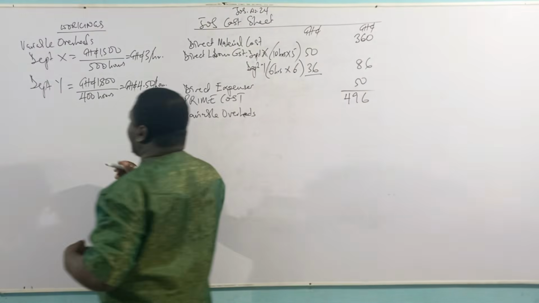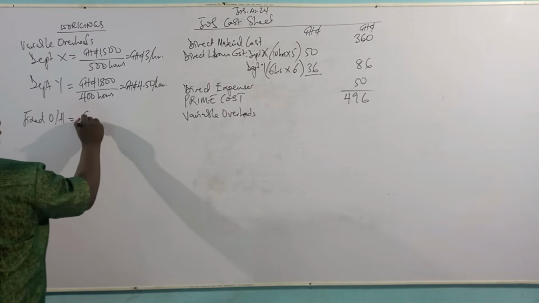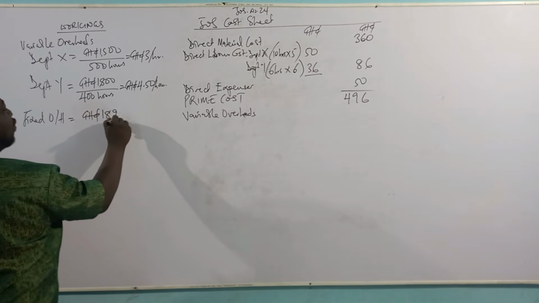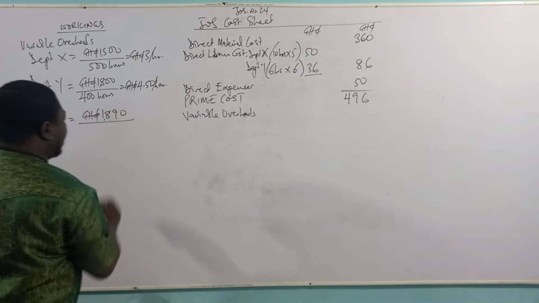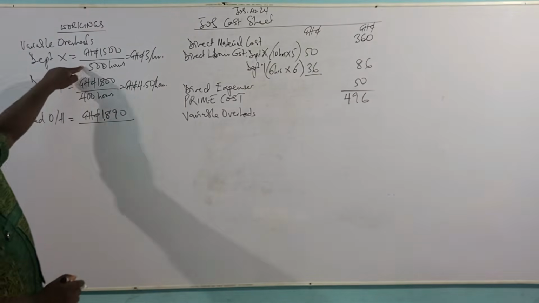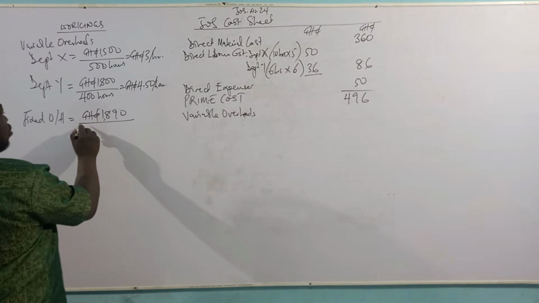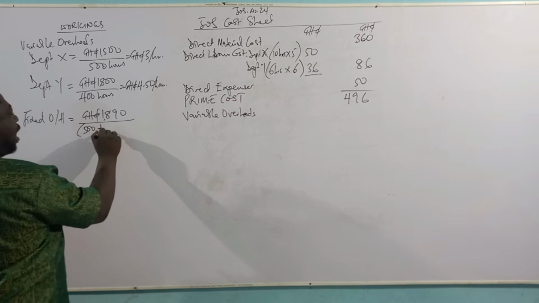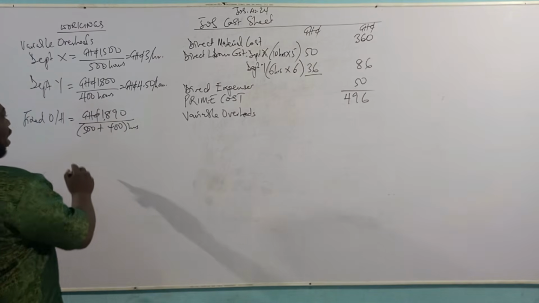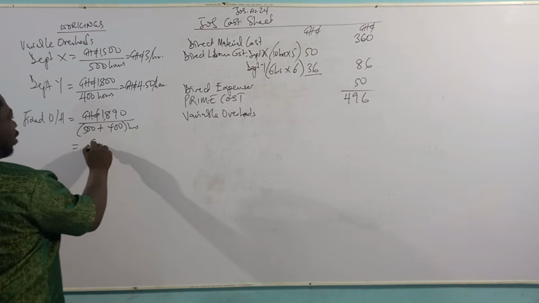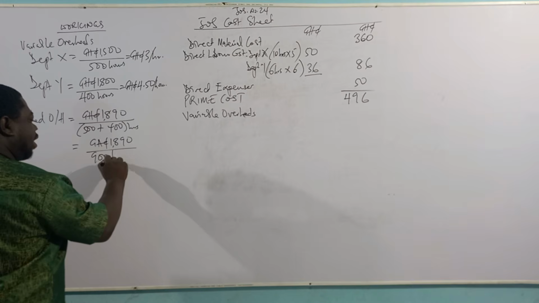And so if you want to find the absorption rate for fixed overhead, then we need to combine the hours of the 2 departments. So 1,890 is the total overhead, but it's going to be divided not by 500, not by 400, but by a combination of the two. So it's 1,890 divided by 900 hours.